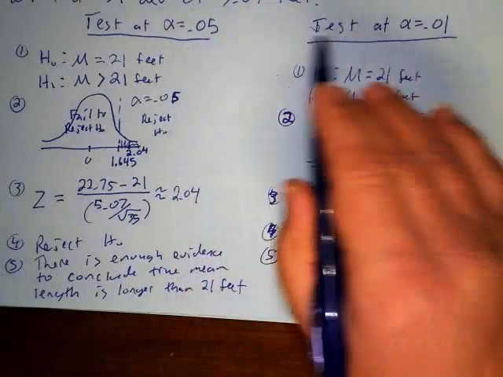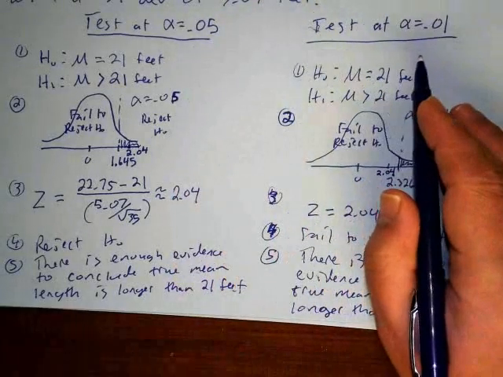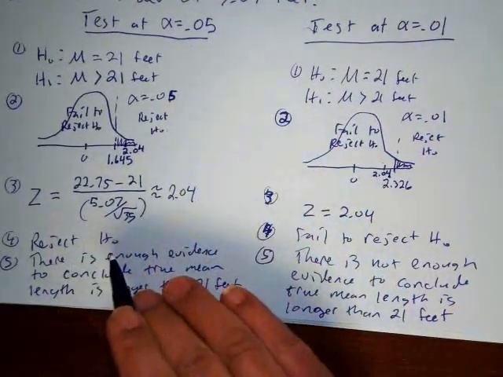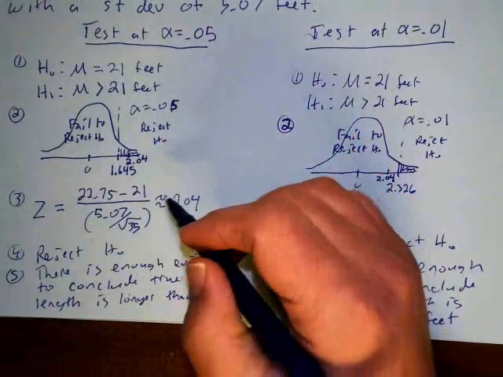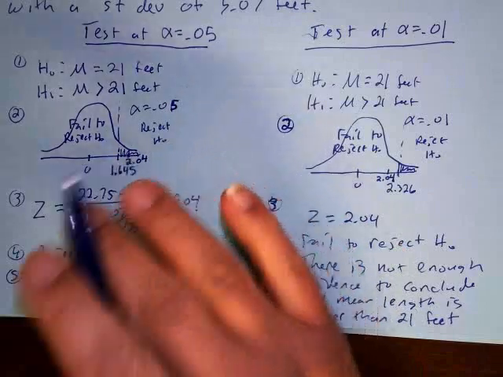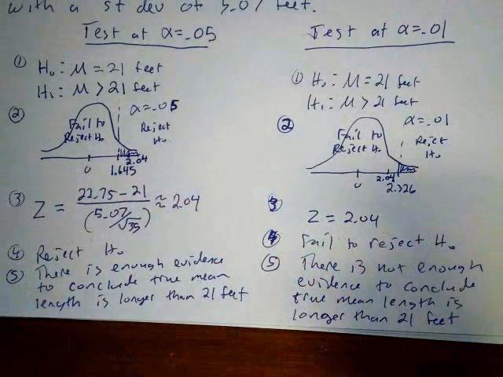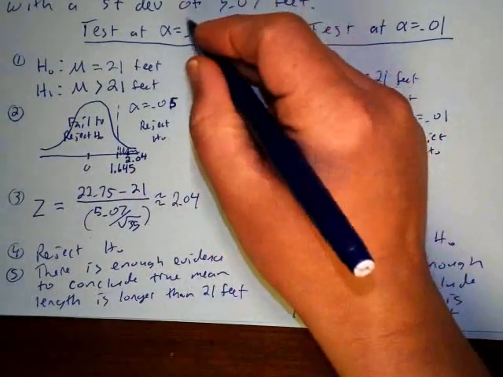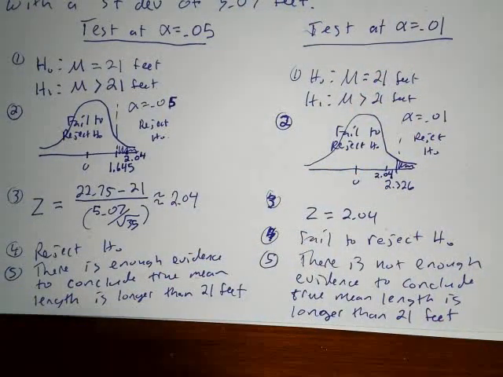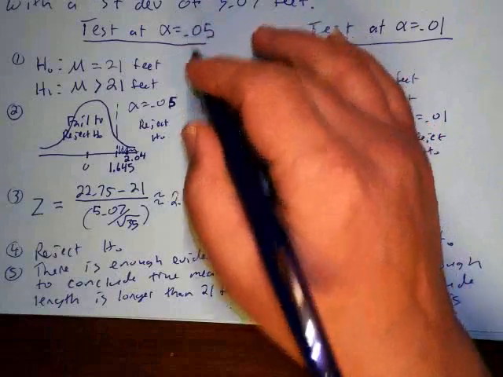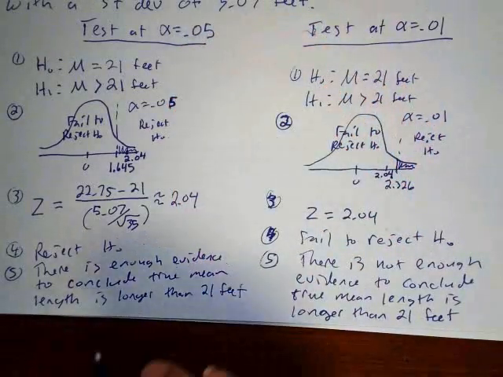The alpha is the probability of doing that. In this case, when I reject H0, I have a 5% chance of rejecting it. So whenever you reject H0, that doesn't mean you're committing an error. In fact, I have a 95% chance of making the right decision, right? And so there's a good chance I'm making the right decision here.